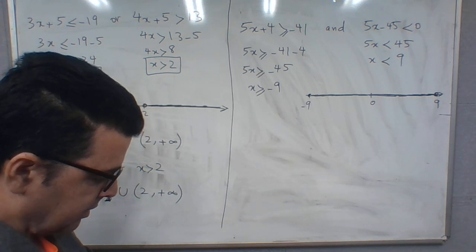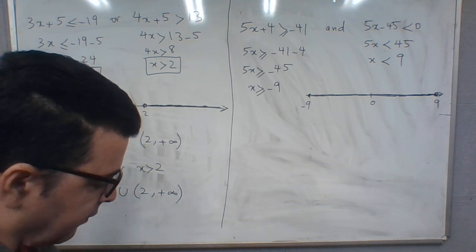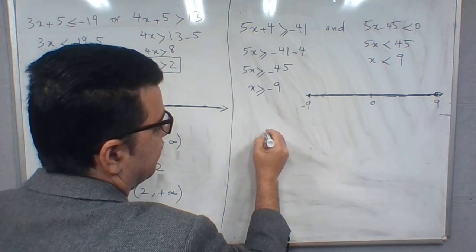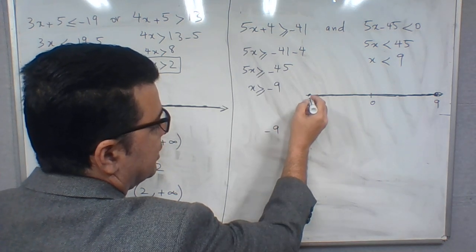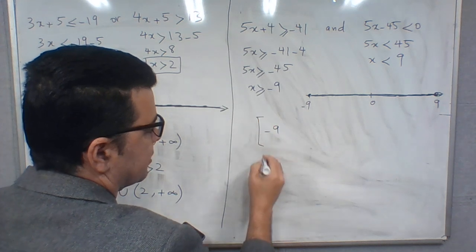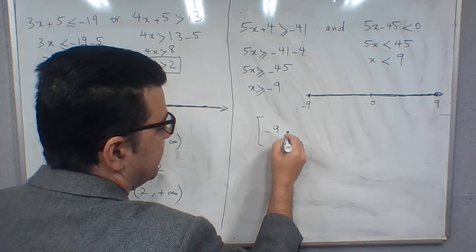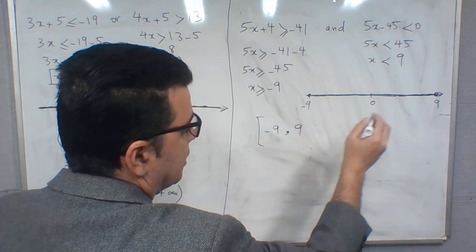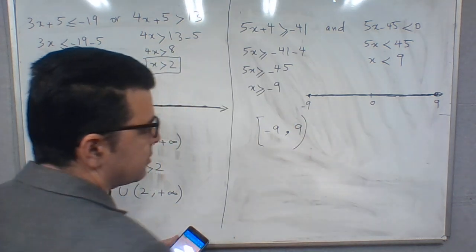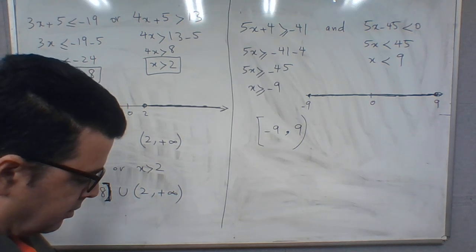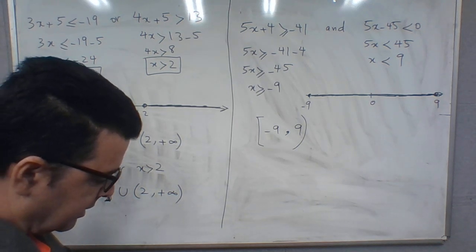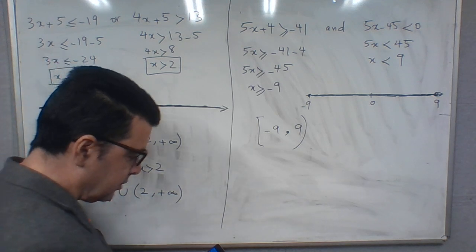Okay, and then write it in interval notation. So the lower limit is -9 and it can be equal, so I put a bracket. And the upper limit is 9 again, but it is not equal, so I put a parenthesis. And then inequality notation.